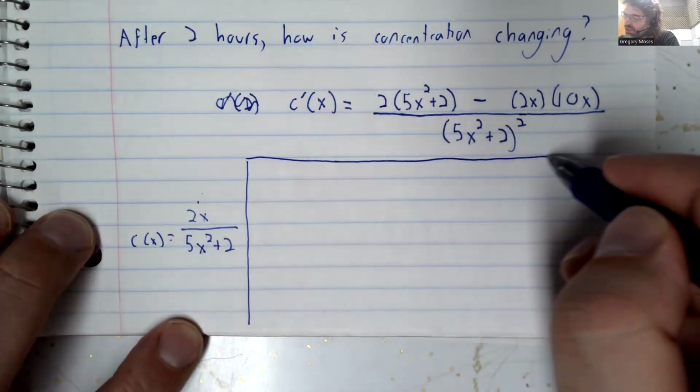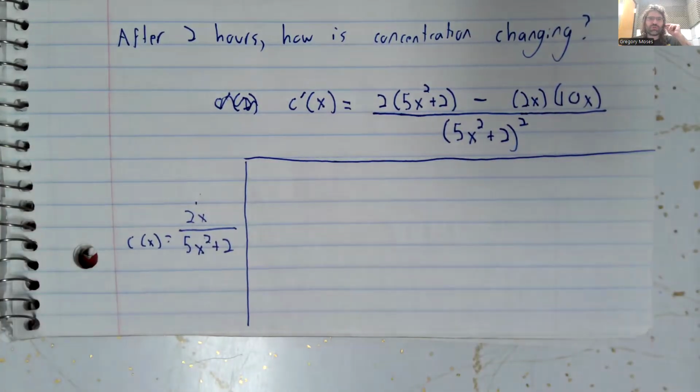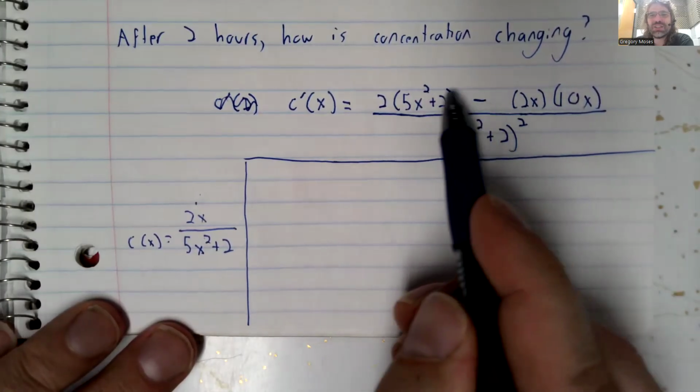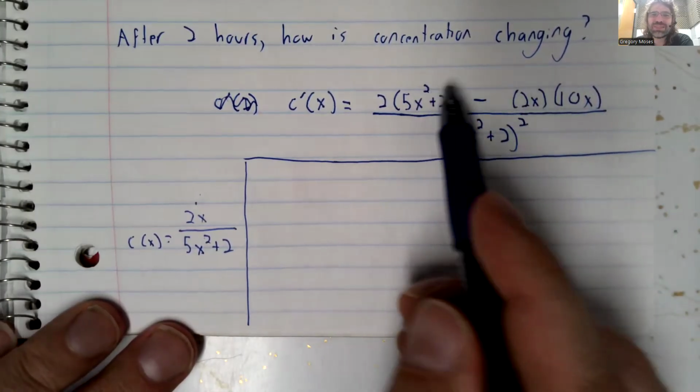And this, I've gone on record as saying that I think simplification can be kind of subjective, in the sense that what a simplified answer looks like depends on what you want it for. But I think it would be hard to argue that the top of this fraction is not messy.